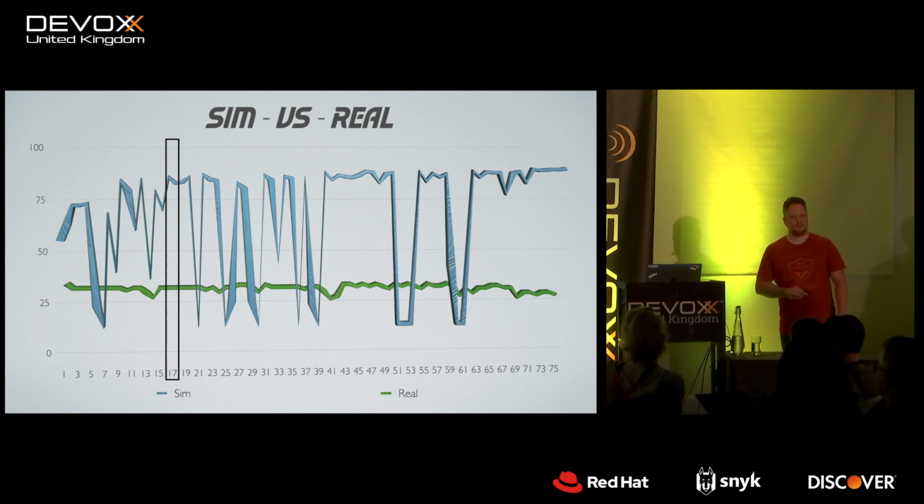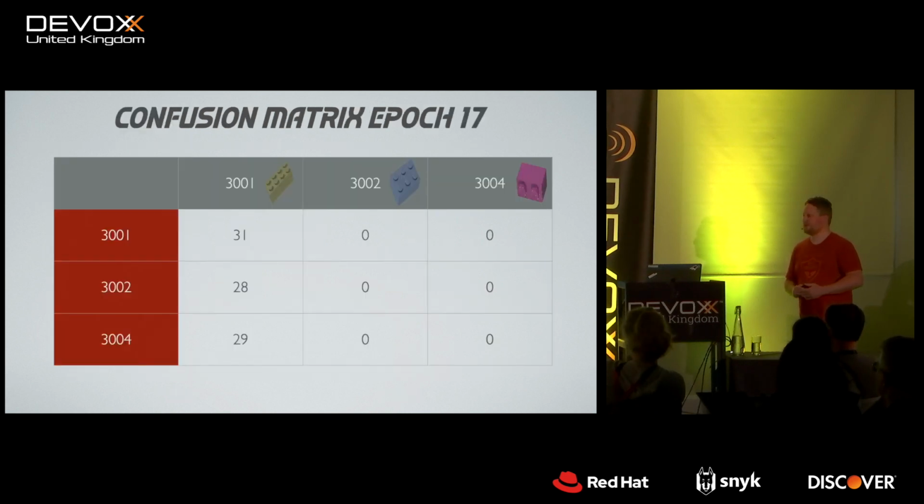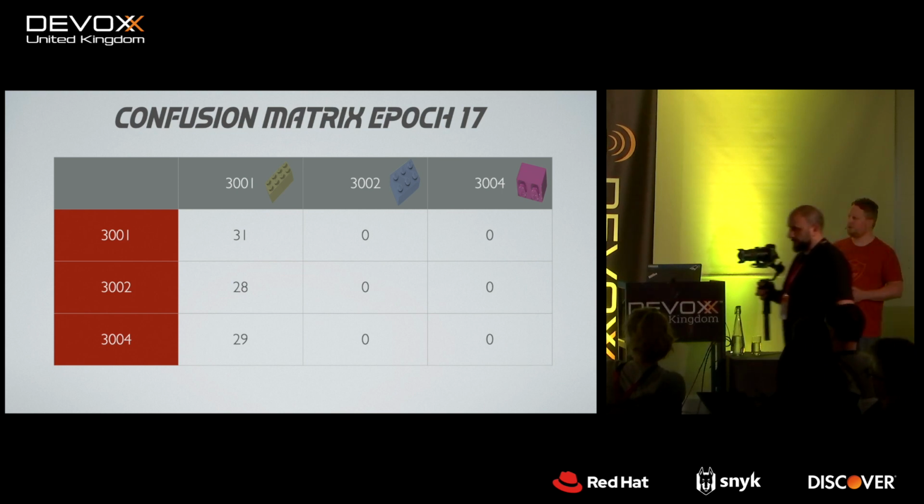So if I input the real images, the actual photographs that I took of some Lego bricks, it stuck around 35%. I only had 3 images that I actually took pictures of, because I was in a rush. But I plotted this into a confusion matrix again, and then I saw something funny. It all thought it was a 3001 brick.